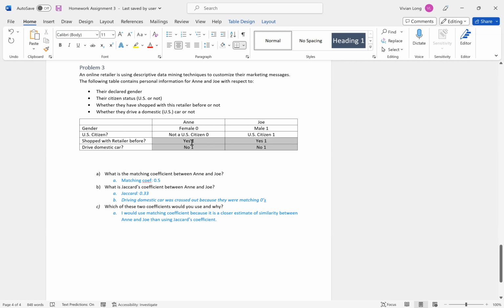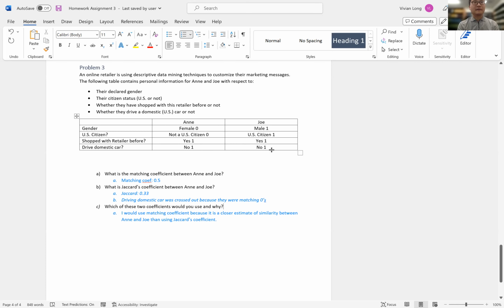So this would be 100% according to Jaccard if I did this. Yeah, that's true. And now when we talk about which of these coefficients you would use and why, I guess that would still lead us to the same ending, that the matching coefficient is much better for us because it's closer to the true estimate.